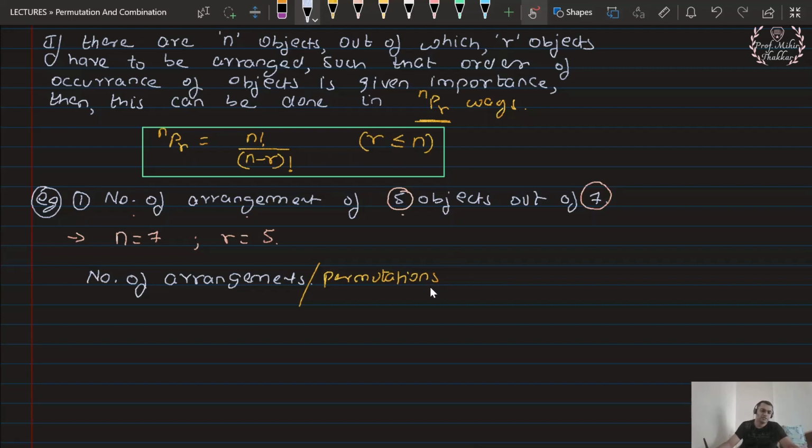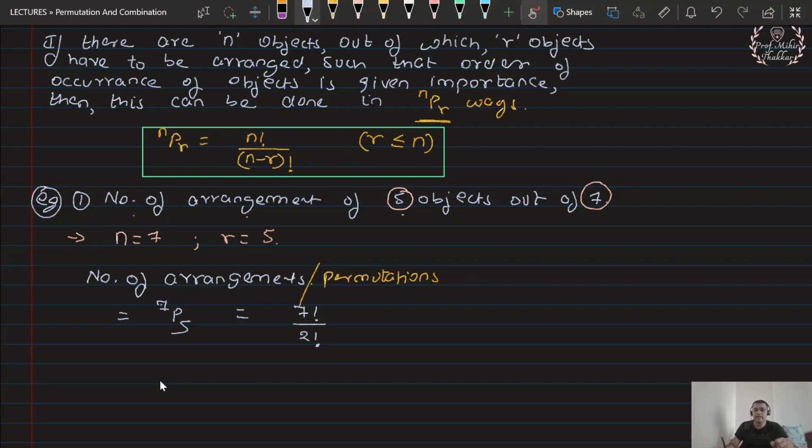So a question can ask you find the number of permutations, or they can also tell you find the number of arrangements of 5 objects out of 7. This can be done in just 7P5 ways, and as per the formula I get 7 factorial upon (7 minus 5), which is equal to 2 factorial.